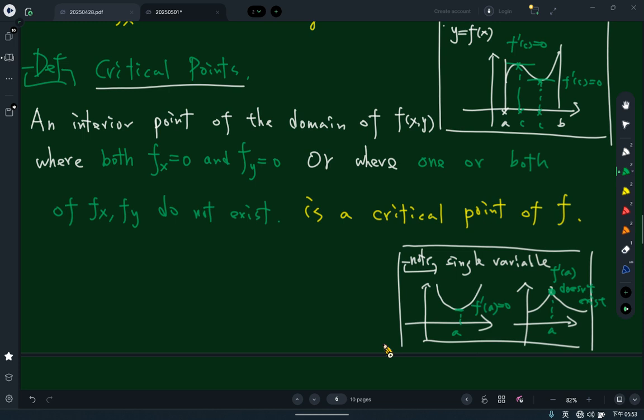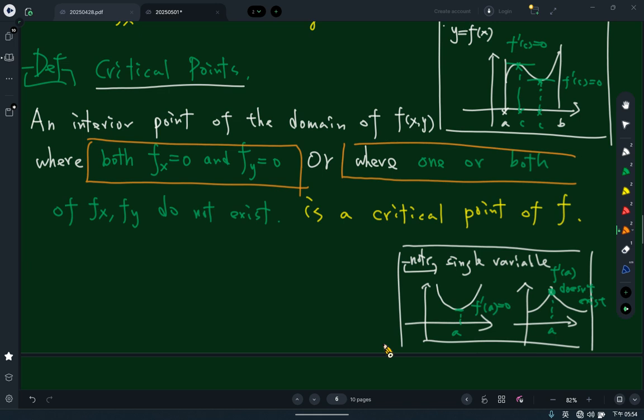But right now, we need to define what is the critical point in a two-variable function. So we just define it like that. If the point is an interior point in the domain, then either both partial f partial x and partial f partial y are 0, or one or both do not exist.